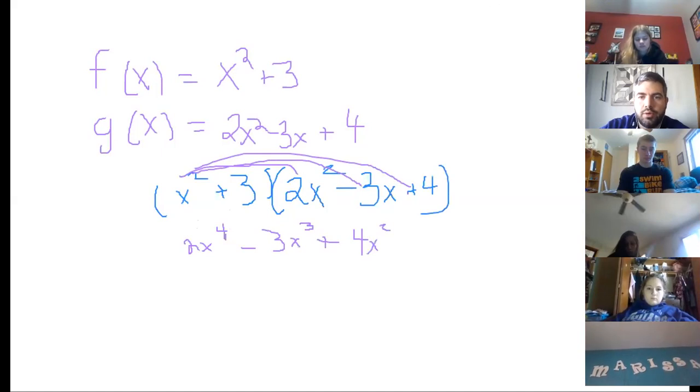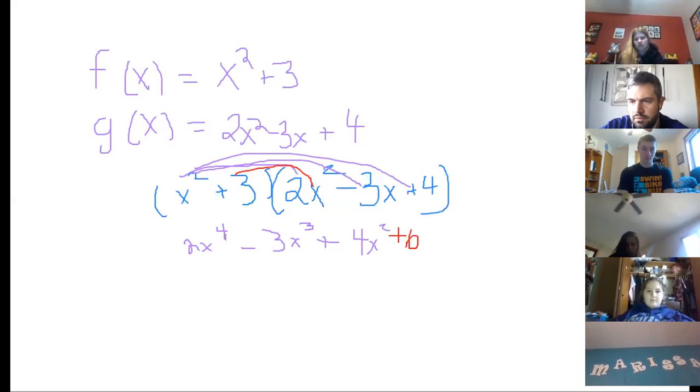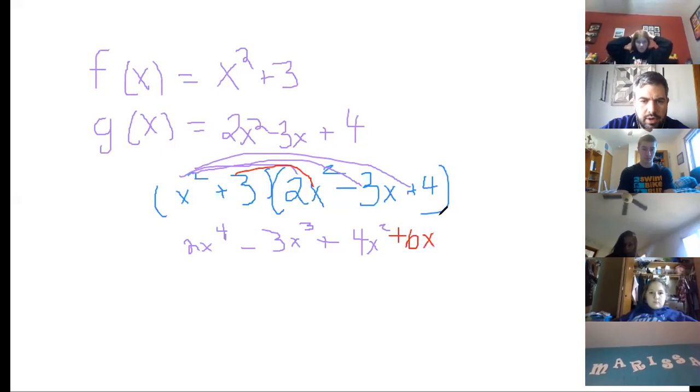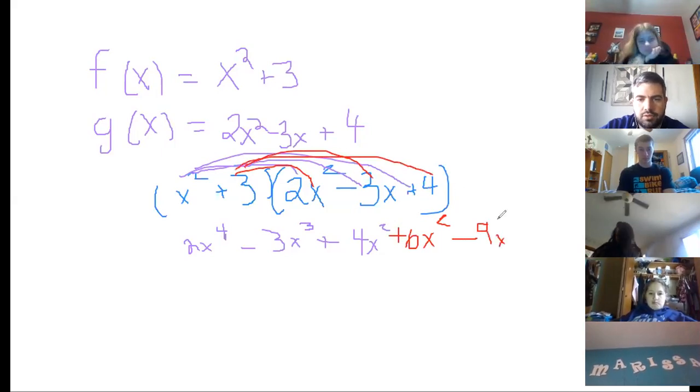Now we go through, and then we say, well, 3 times 2x squared would be 6x squared. Okay, and then we would get minus 3 times negative 3x would be minus 9x, and then 3 times 4 would be 12, okay?